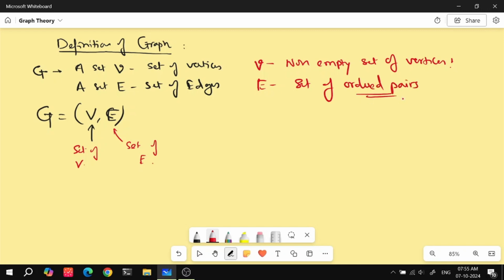Set of ordered pairs. You need to remember this particular phrase: set of ordered pairs of vertices. Now we have seen the definition. According to the definition, we will see a simple example.